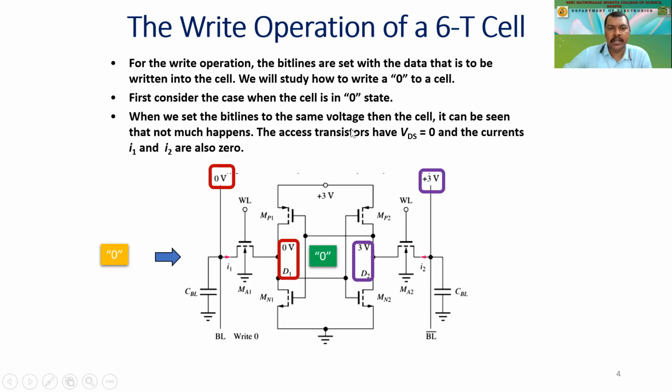When we set the bit lines to the same voltage as the cell, it can be seen that not much happens. The access transistors have VDS equal to zero, and the currents I1 and I2 are also zero, which implies that the zero is already written over here, so there will not be much change. Nothing happens over there. It is already zero, right?